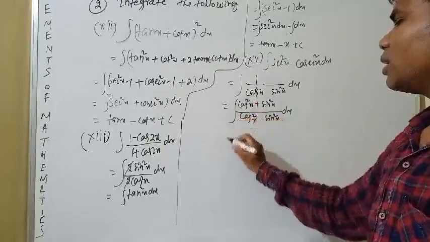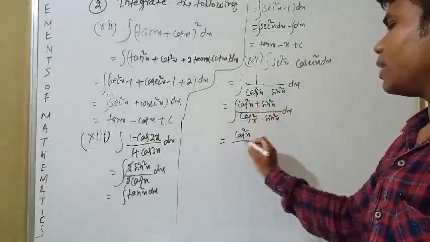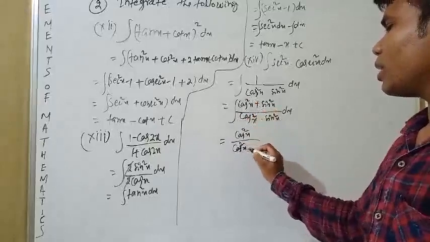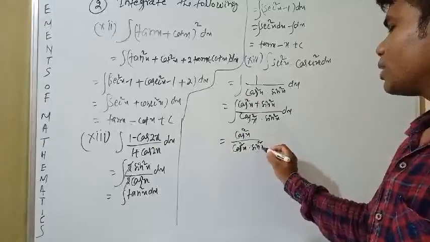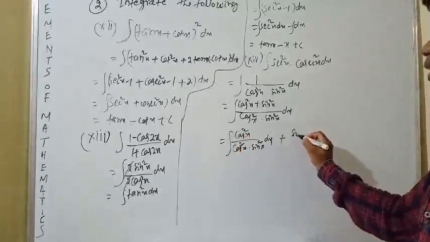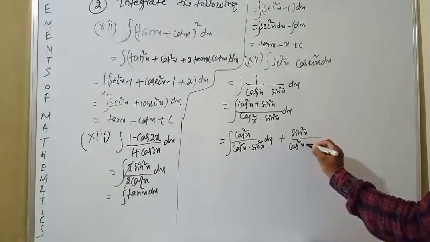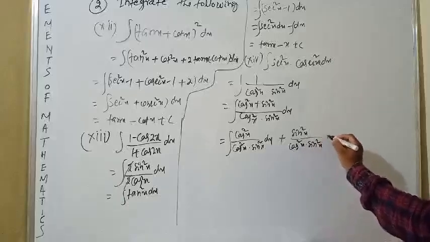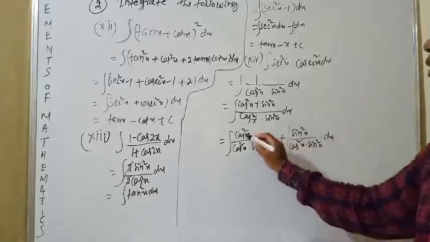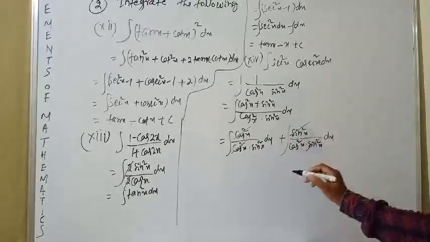Okay, integration, that is cos²x by cos²x into sin²x dx plus sin²x by cos²x into sin²x dx. You see, cos²x cancels out, sin²x cancels out.